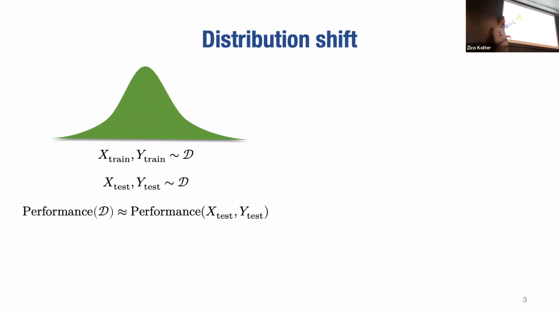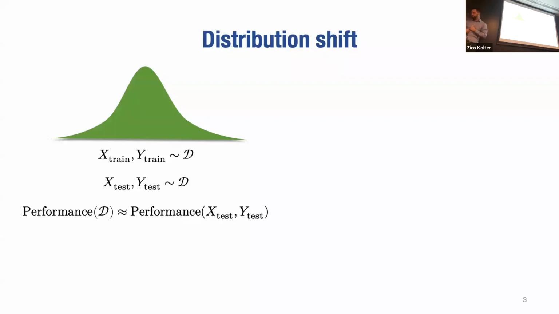Formally speaking, you have some distribution D, on which you train your classifier. And you also then evaluate your classifier on some new sample of data drawn from that same distribution. Due to the magic of statistics, we can be pretty confident that our performance on the true distribution, the actual generalized performance, is approximately equal to the test performance, assuming we didn't overfit the test set or peek at it as we developed our method.